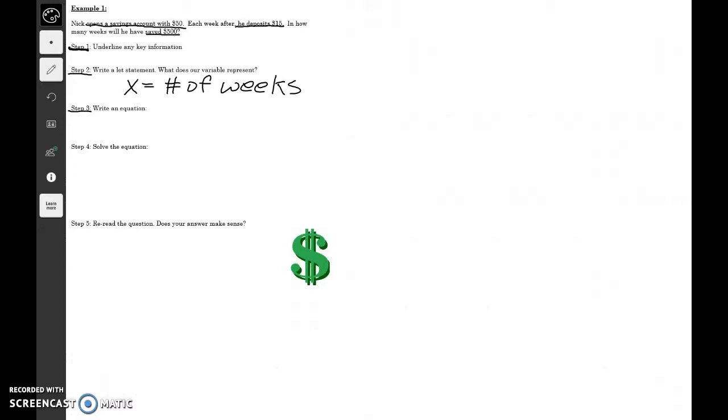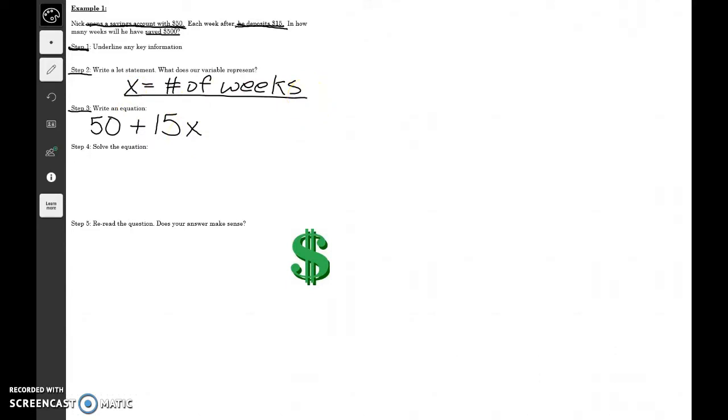In this problem, it said he opens a savings account with $50. So he already has $50 in his account, no matter what he does. Now it says after each week, he's going to add $15. So we're going to put plus $15, and that's $15 for every week. So every week would be X, because we said X represents the number of weeks.